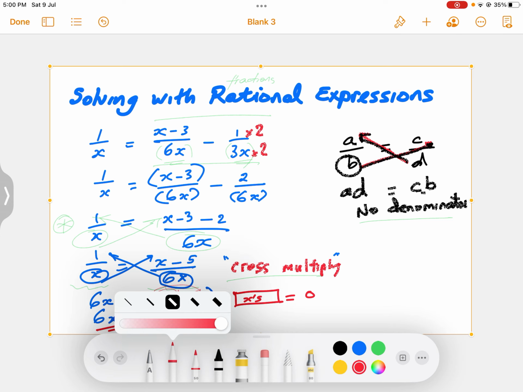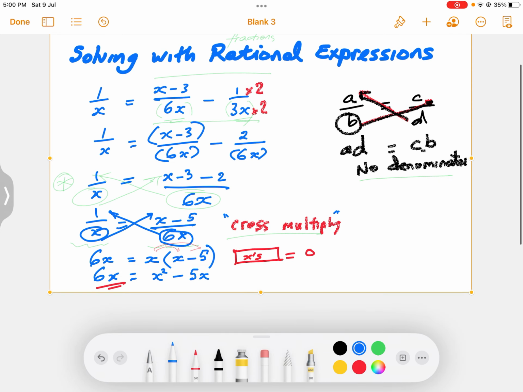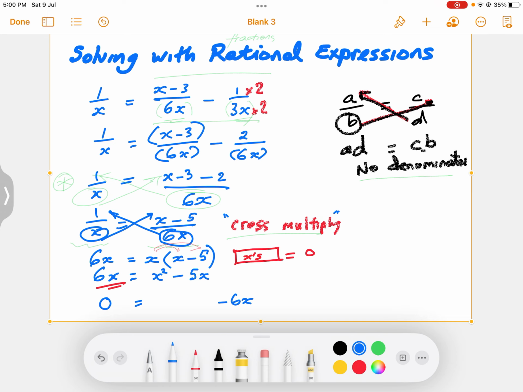Now, if there's nothing left on that side, that means we're going to have, can I get rid of that? Can I move that up? Can I move that down? Yes, I can. All right. So, I want to have nothing left over here. So, this 6x comes over here to the other side.